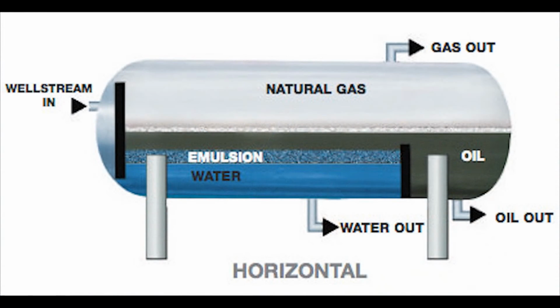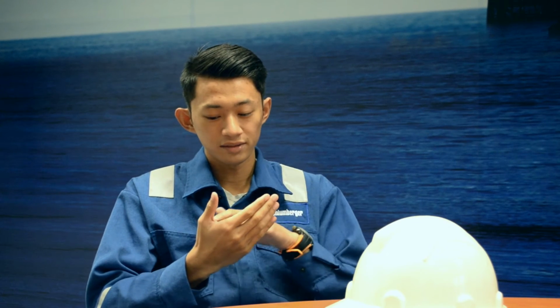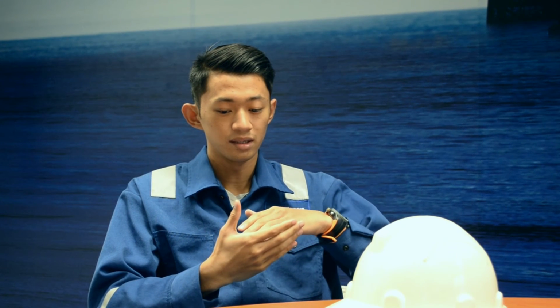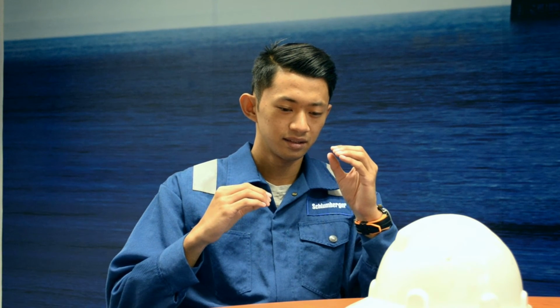With viscous oil, gas separation is not that good because the density of the oil and the density of the water is not much different. So the viscous fluid leads to higher retention time, which means we will spend more time in horizontal well testing.